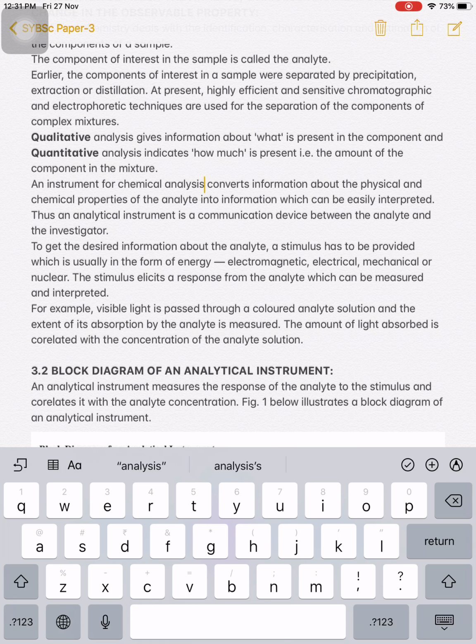Thus, an analytical instrument is a communication device between the component, that is the analyte, and the investigator. Suppose we are doing an experiment in a lab, then we are the investigators, and the component which we are going to investigate is the analyte. So that instrument is a middle that gives information about that component to the investigator. So it is a communication device.